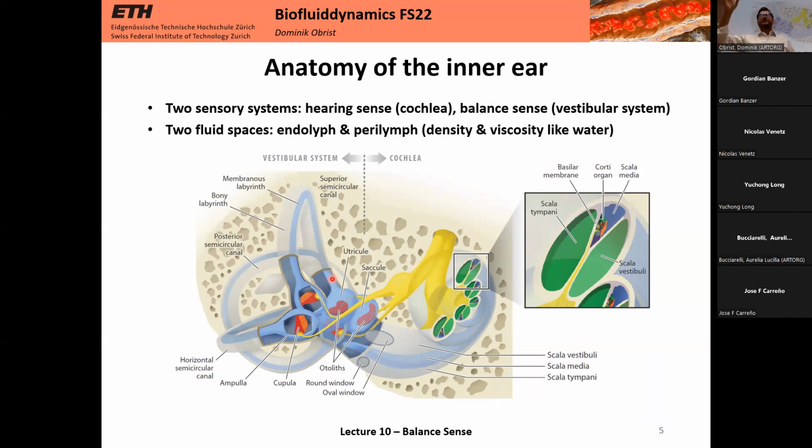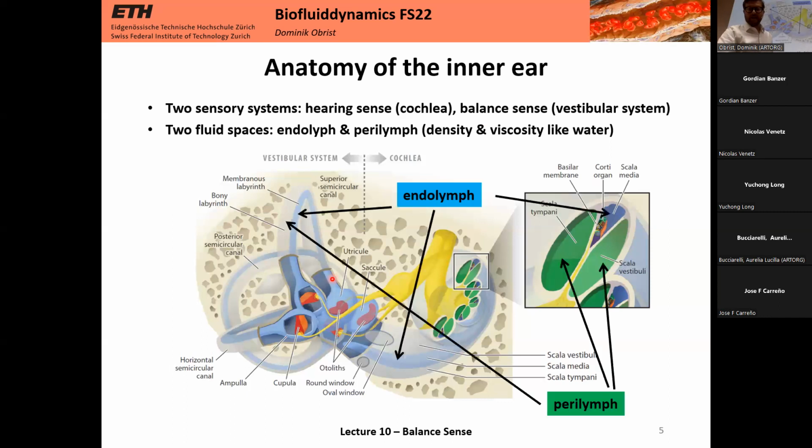Toward the end of today's lecture, we talk a bit about what problems there could be that the balance sense and the hearing sense are located at the same place anatomically, just next to each other. And moreover, in terms of fluid mechanics, it's interesting that the fluid spaces are communicating, or essentially it's the same fluid space.